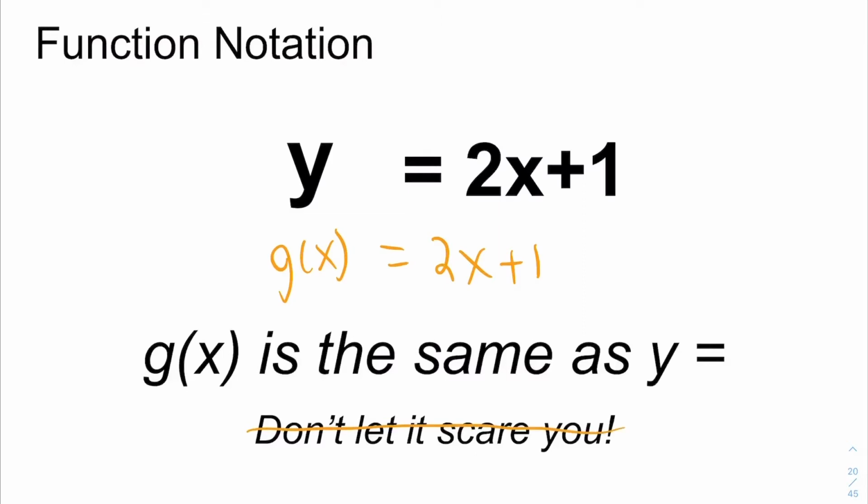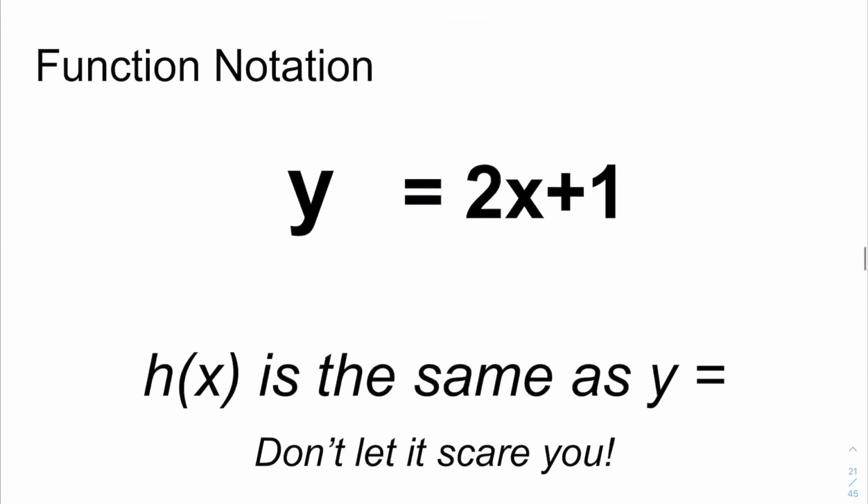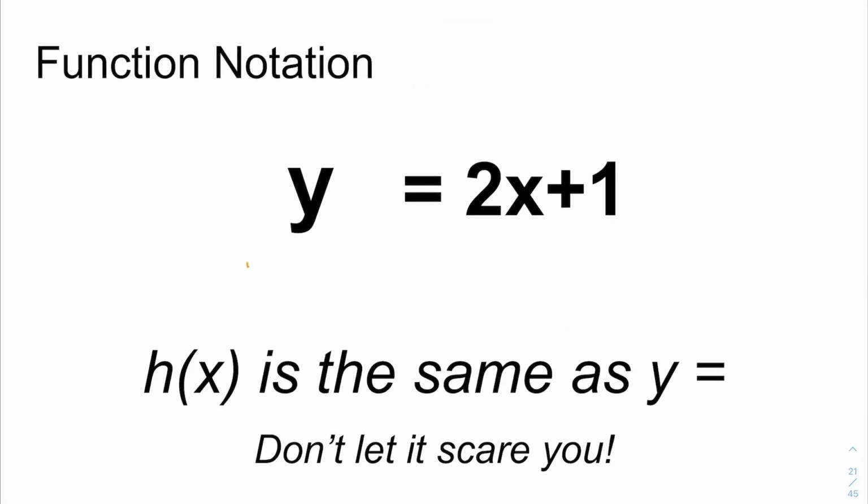You don't have to write the "don't let it scare you" part down, but write down what I have above, including this. Even if it's an h of x, it's the same thing as y equals 2x plus 1. I told you last week, open your mind, change your views.